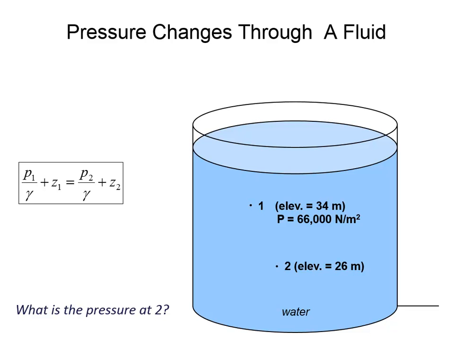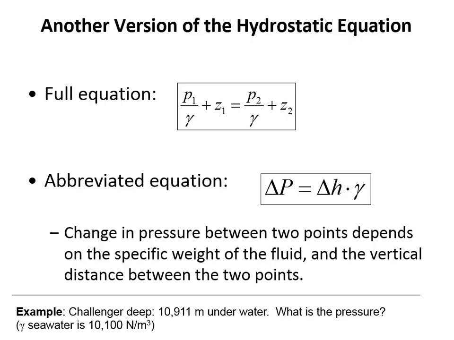So if it's just the change that you're interested in calculating, then this other approach is a nice way to do that. And I ask, what's the pressure at the bottom of Challenger Deep if we've got this known depth and it's seawater, which has a slightly different unit weight than freshwater. The unit weight of seawater is even greater.